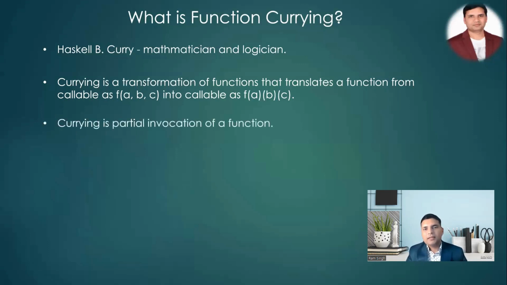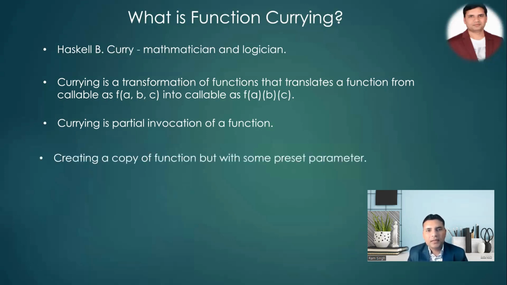Next, when we convert a function into a currying function, it is always going to be a partial invocation. We'll understand this point when I explain the examples; I think it will be clearer then. Next, this also creates a copy of the function with some preset parameter.